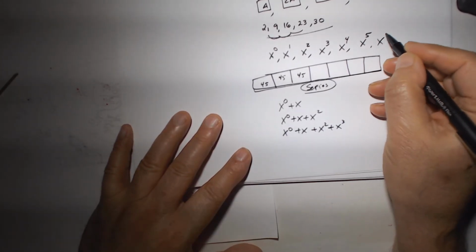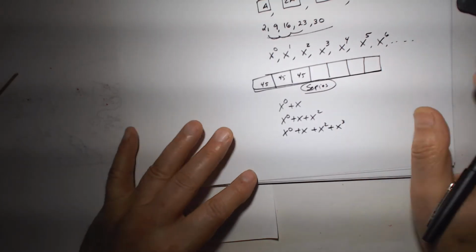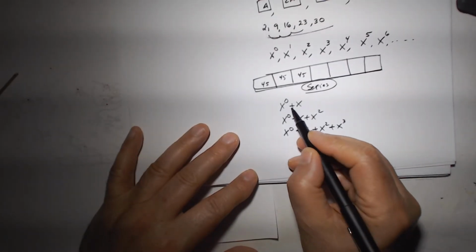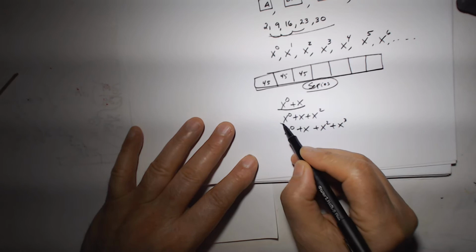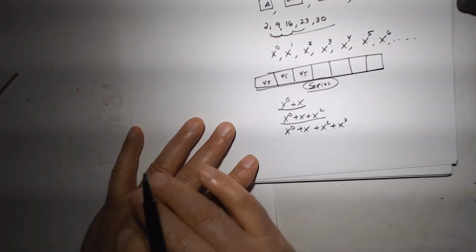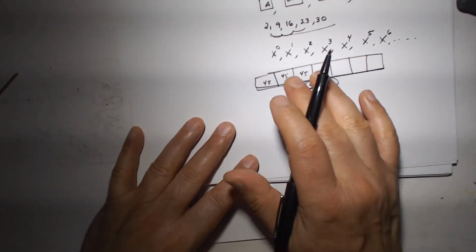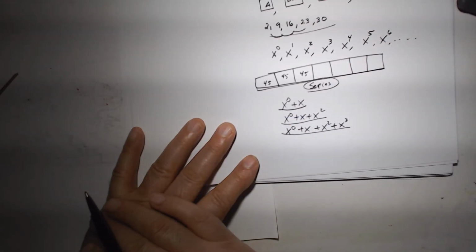This pattern can go indefinitely. But this is called the sum of part of these. The sum of part of it.